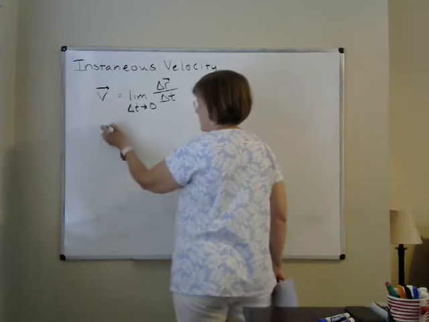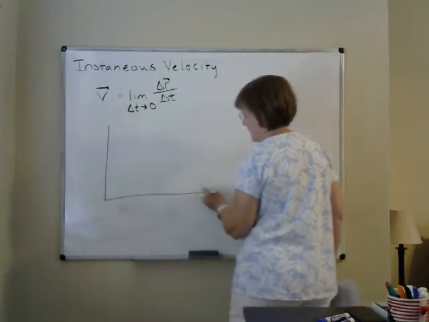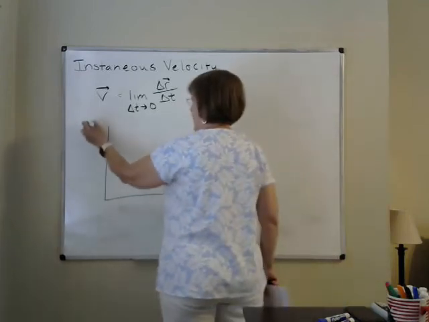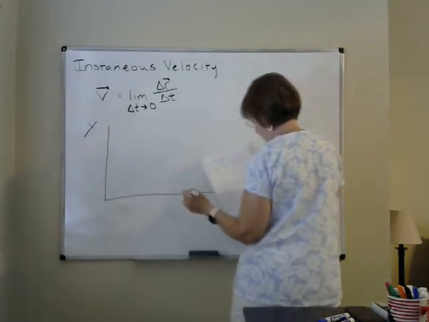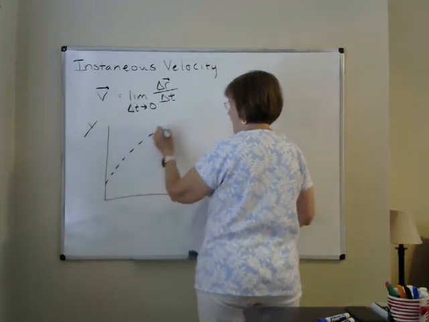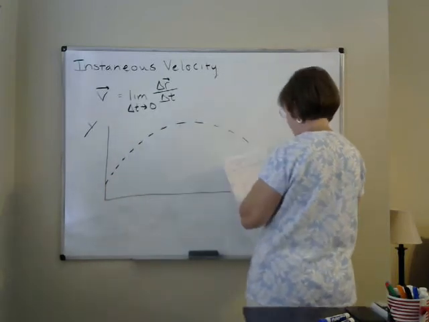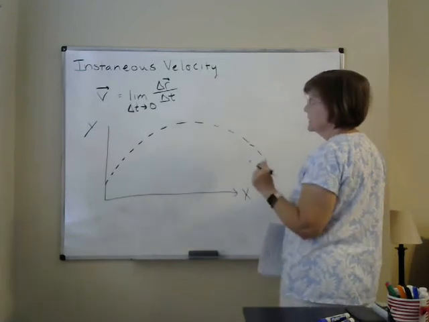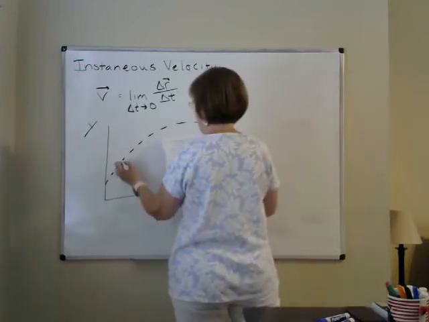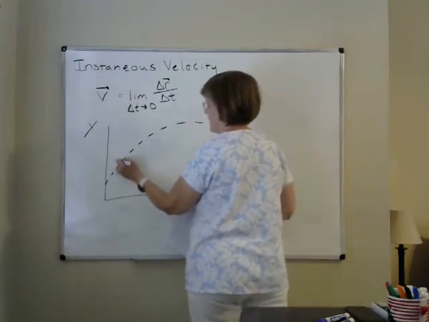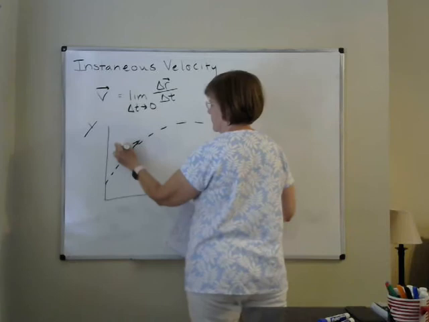If I draw a slightly different picture, but similar. There's my X, here's my Y. If I have something, and let's say it travels in a path, again, we'll make that path look something like this. Notice that the instantaneous velocity at this point is going in this direction.